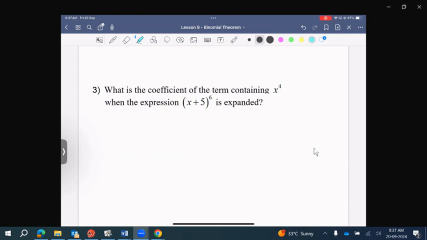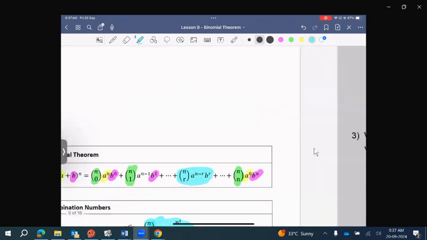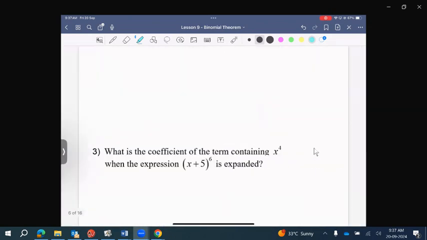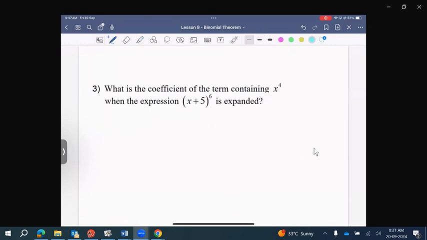If we use this formula, we know that n is equal to 6. We've got 6 choose r times x to the n minus r times 5 to the r. This will be the term that we're after. We need to find out what r is going to be.